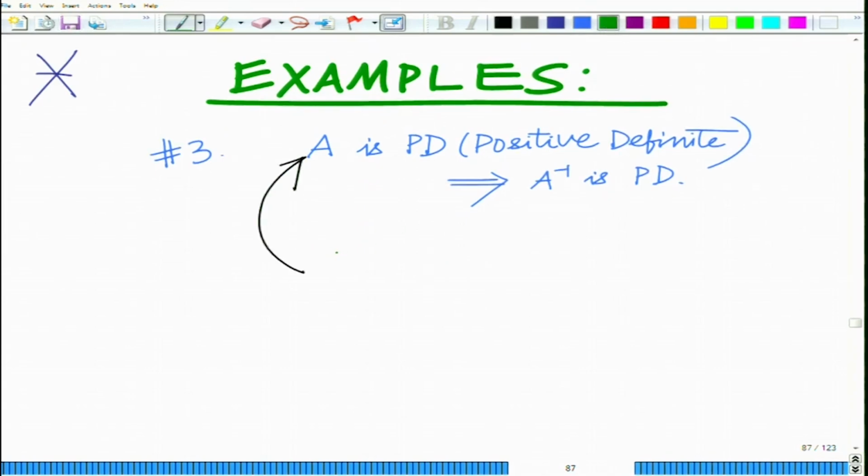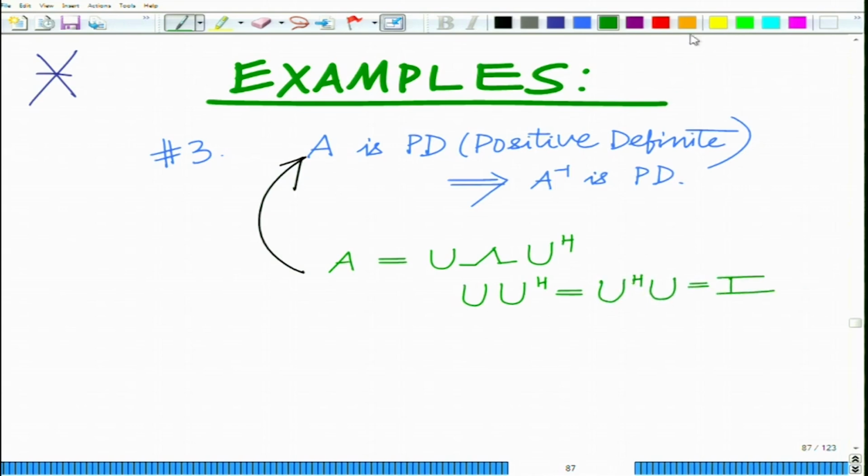If A can be expressed as, we have already seen this, U lambda U Hermitian, where U is a unitary matrix, satisfies U Hermitian U equals identity, and lambda is the diagonal matrix of eigenvalues.